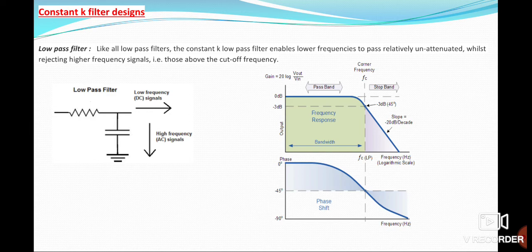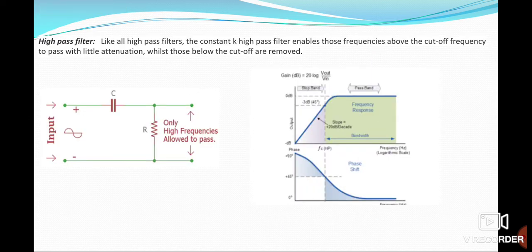That is, it is moving from 0 degrees to then -45 degrees and then to -90 degrees. So it is allowing the passage of low frequency signals and rejecting the flow of high frequency signals. As it allows the passage of low frequency signals, it is passing from 0 degrees to -45 degrees, and with the rejection of high frequency signals, it is moving towards -90 degrees. Next is the K-type high pass filter.